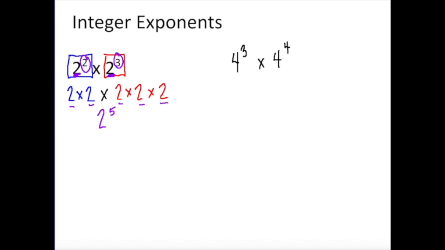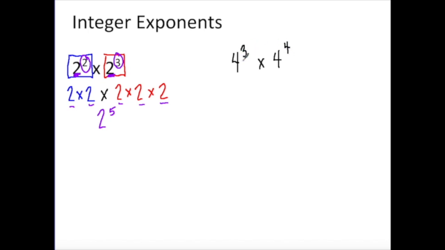Now, I'm going to take a look at this and see if I can use this strategy that we just developed of adding the exponents. First, I want to see, are my bases the same? In this instance, the base is 4. So yes, that is the same. So if the bases are the same, I should be able to add my exponents to get the correct answer.